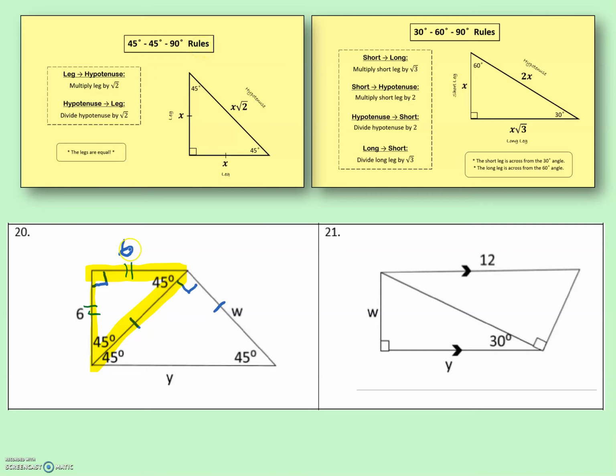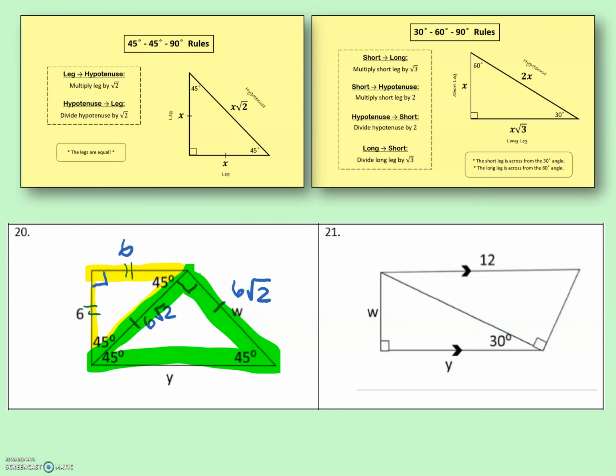To get from leg to hypotenuse here, this is what we're looking for, you multiply by root 2, so that becomes 6 root 2. But we know that in this green triangle here, this leg is congruent to this one, so we have this being 6 root 2 as well. Right? So I'll write that W equals 6 root 2.